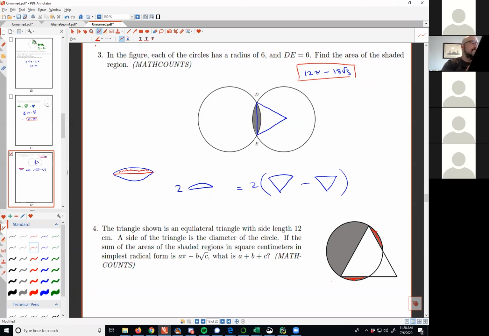And we know that the diameter is 12 because of the triangle. That's true.